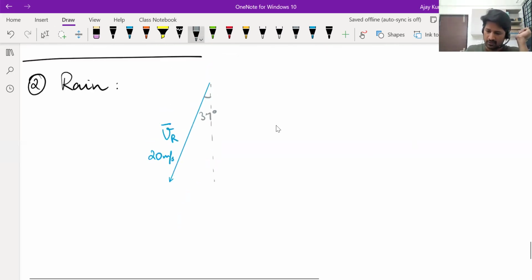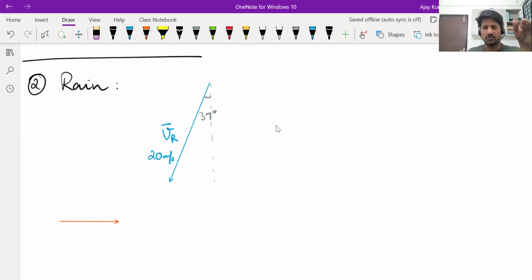Now, first you all use your imagination and tell me, if the person moves to the right, okay, the person is moving on a horizontal road, let's say towards the right, how will the raindrops appear to fall? Will they appear to fall at the same angle 37? Will they tilt further to the left and the angle becomes more than 37?